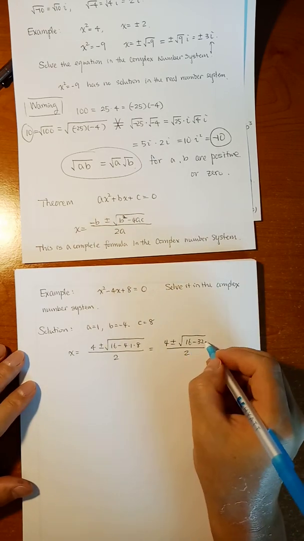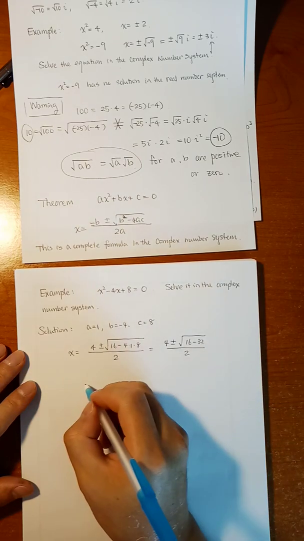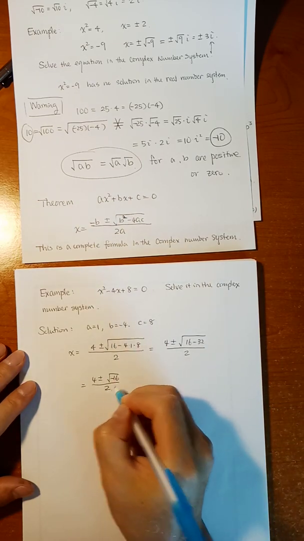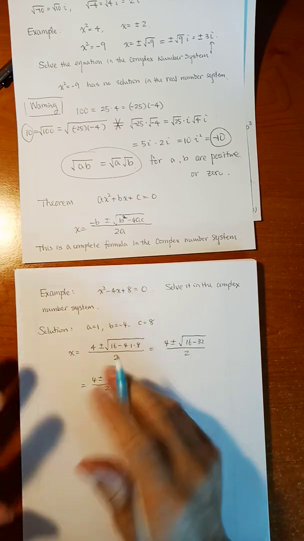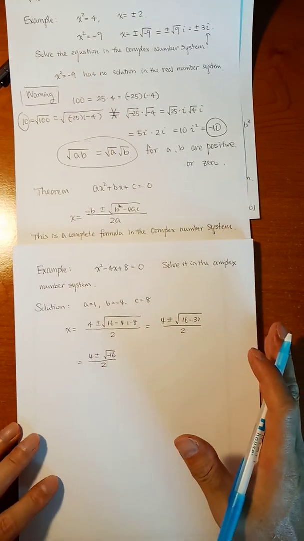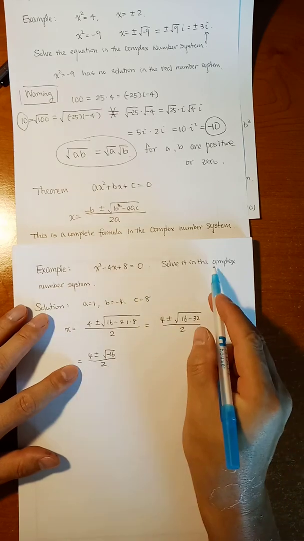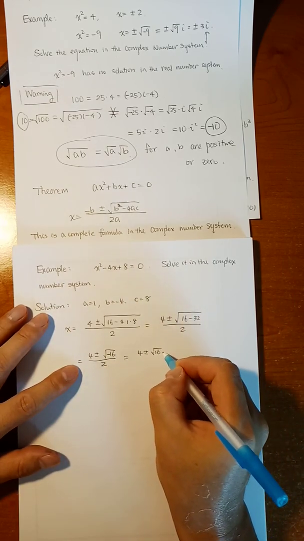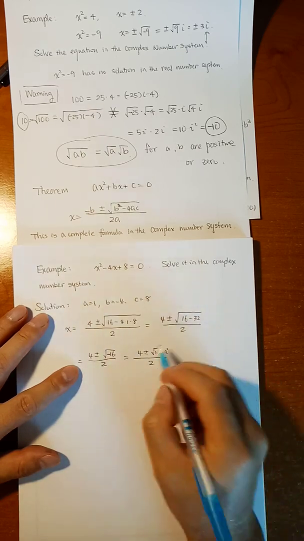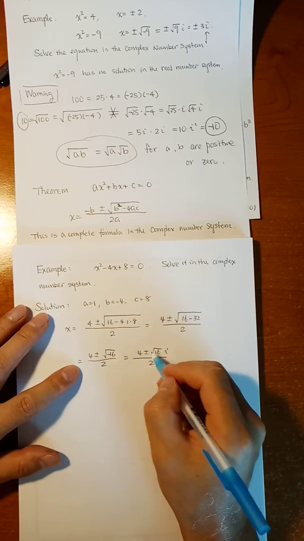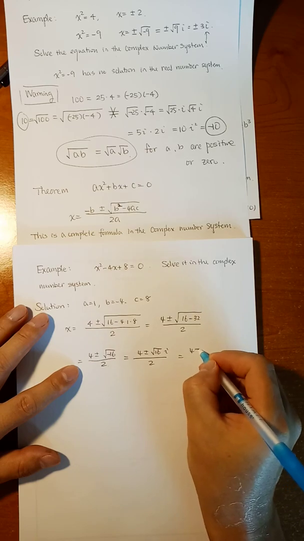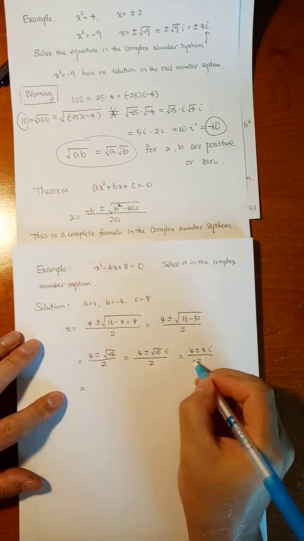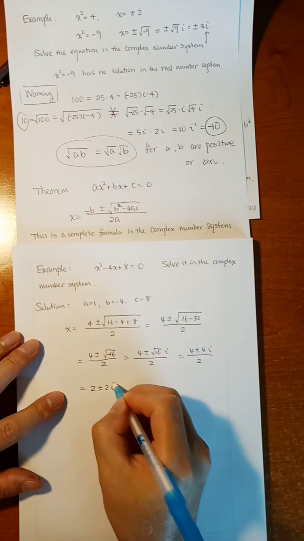Right? 16 minus 32 is negative 16. If we're talking about real numbers, we will say there are no real solutions. But here, once we already discussed complex numbers, this is 4 plus or minus square root of 16 times i. Square root of 16 is 4. This is the square root of a positive number, it's 4. Over 2, so 4 over 2 is 2.